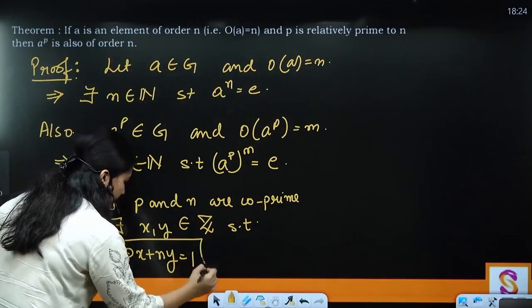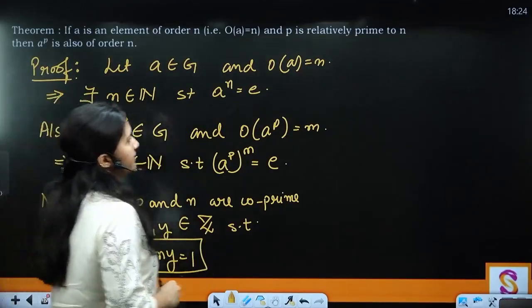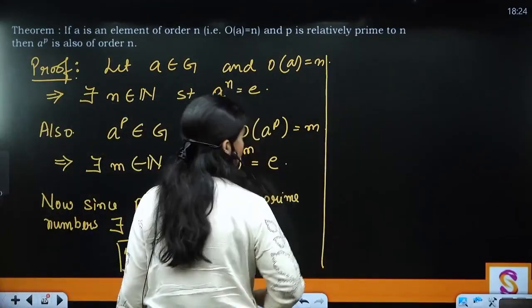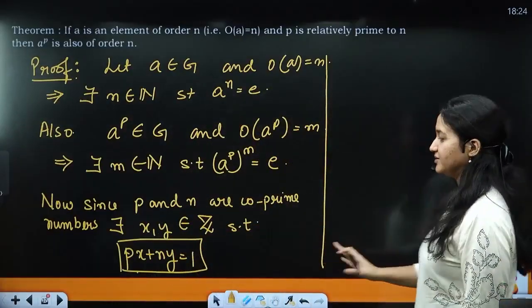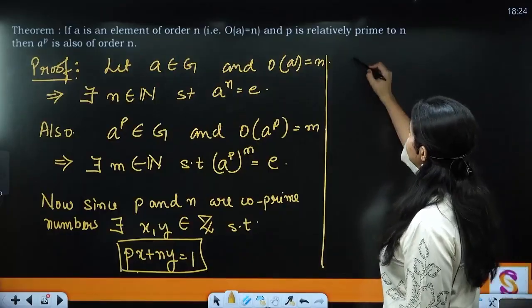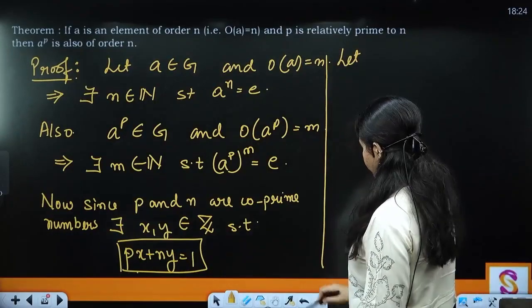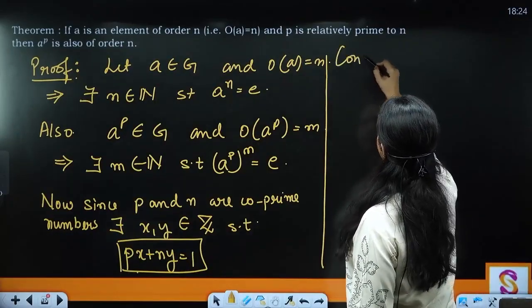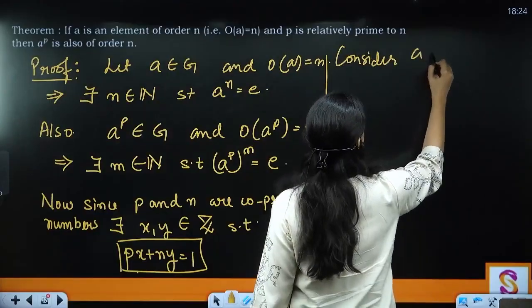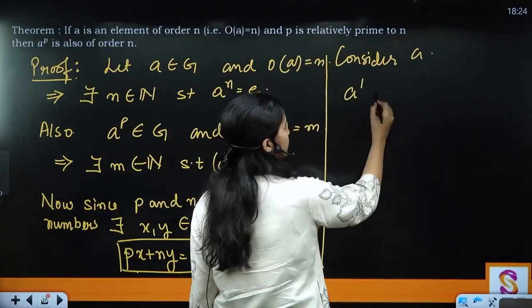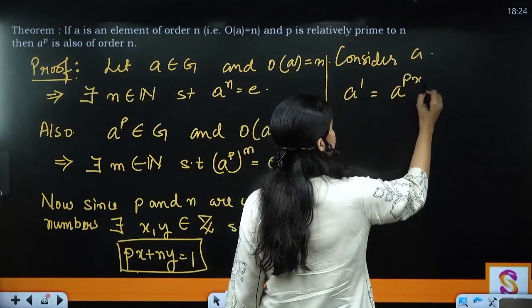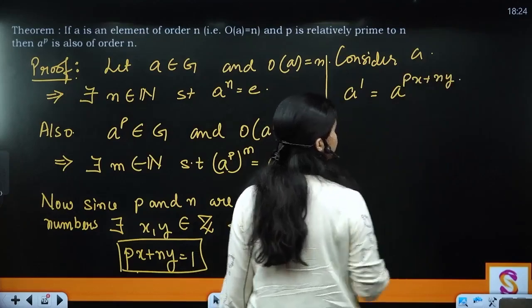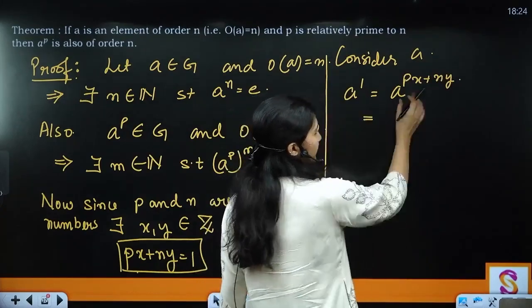I hope we all remember this result, right? Now using this px plus ny equals 1, what we can write is, let's just consider a. So a raised to the power 1 can be written as a raised to the power px plus ny, right? Now from here I can separate the two powers.